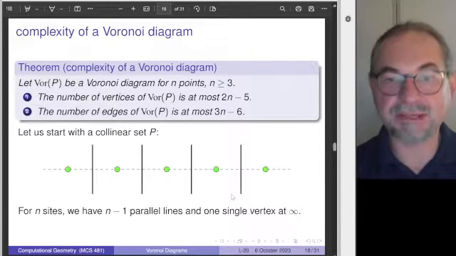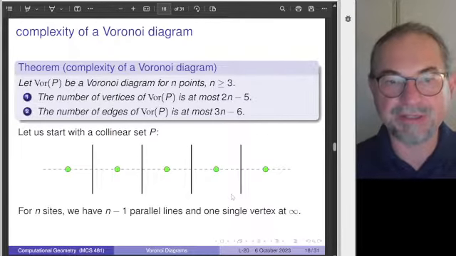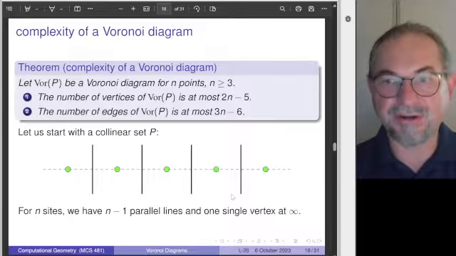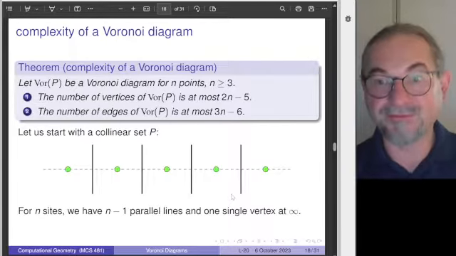So let's look at the collinear case. We tend to think about generic situations, but let's look at a collinear set. Then the edges are n minus 1 parallel lines, and we have only one vertex here.